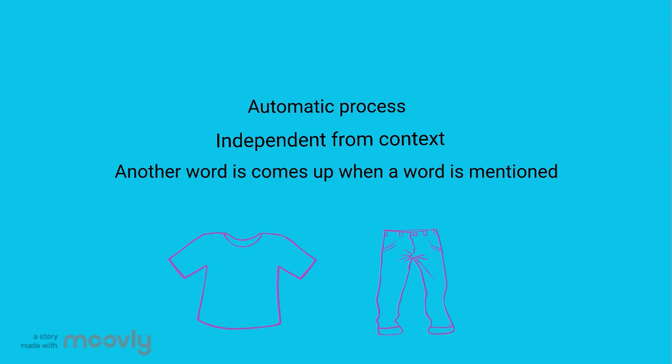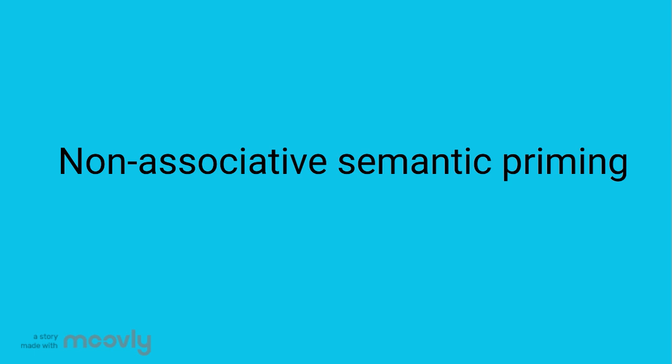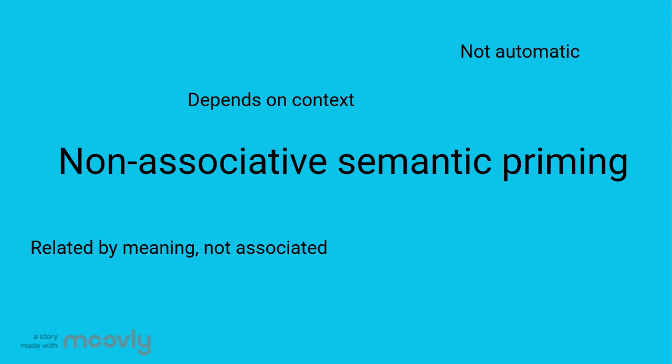There is non-associative semantic priming. So this is different from the previous one. It actually depends on the context of the sentence. It is not automatic, and it is actually related by meaning, not associated, which means that these two words can belong to the same category, but they are not associated with each other, which means it's not thought of as connected to that word.